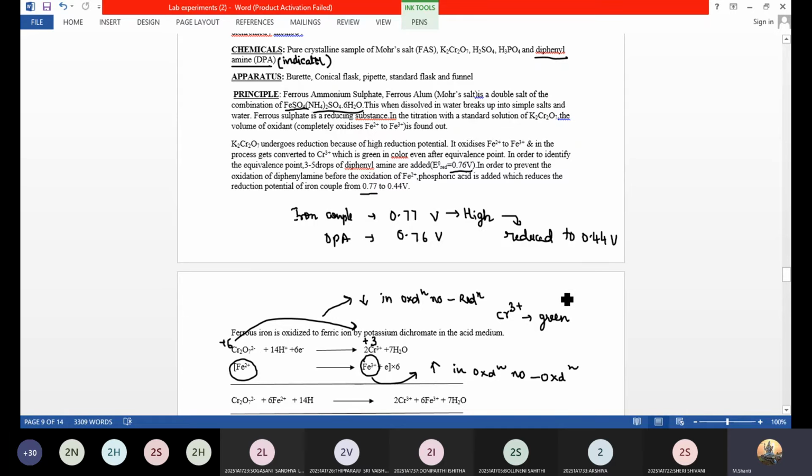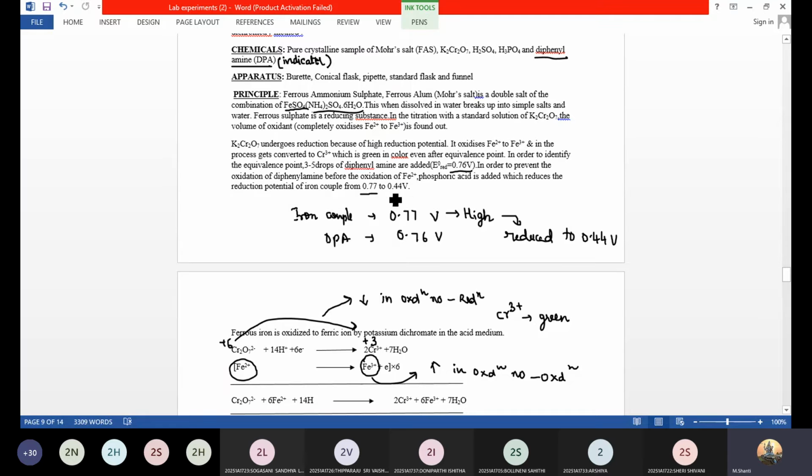Is the DPA getting oxidized first or iron getting oxidized first? Here you can see, in order to prevent the oxidation of DPA before the oxidation of iron, we want the oxidation of iron first and then DPA.